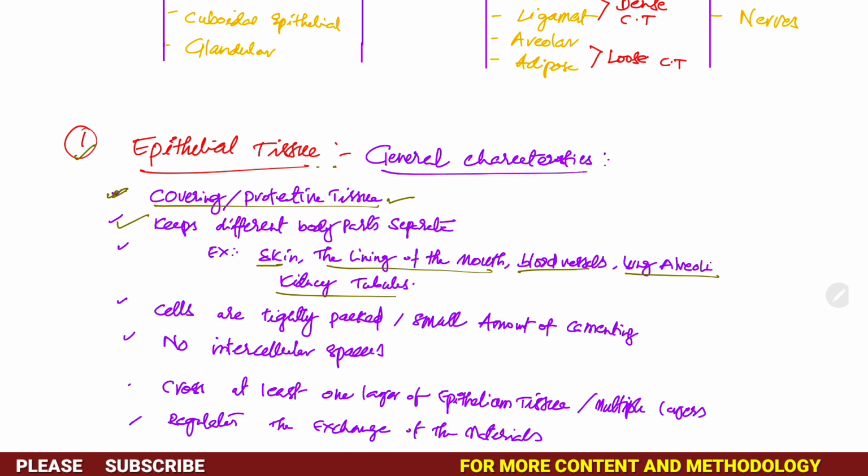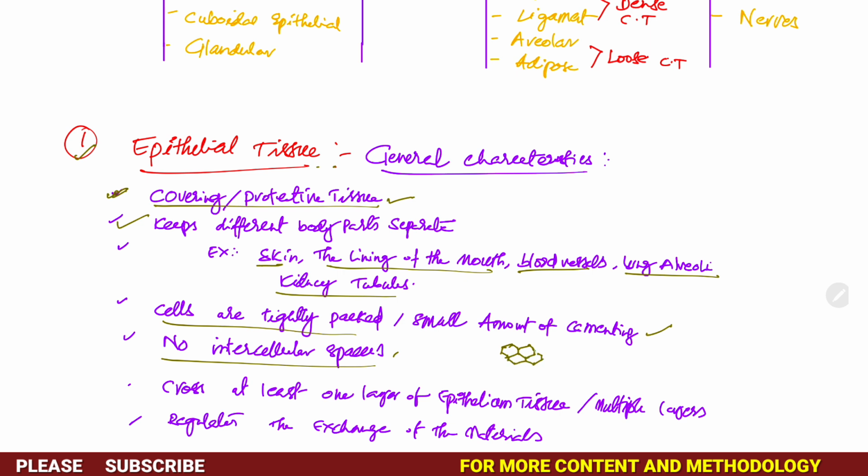In this tissue the cells are tightly packed. I mean there are no intercellular spaces and only a small amount of cementing material between the cells. Assume that this is a cell and another cell; there are no intercellular spaces between these two cells.